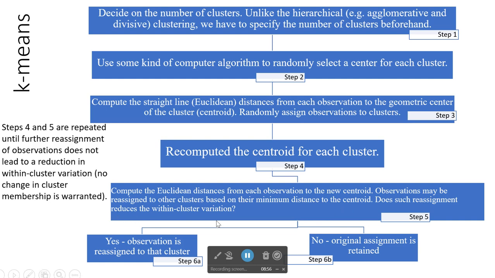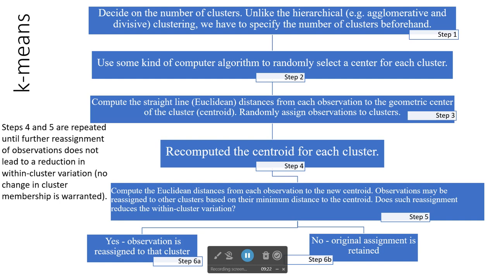If the distance reduces the within clusters variation, observations are going to be reassigned to a new cluster, if their distance to the new centroid is smaller than their distance to the old or original centroid.